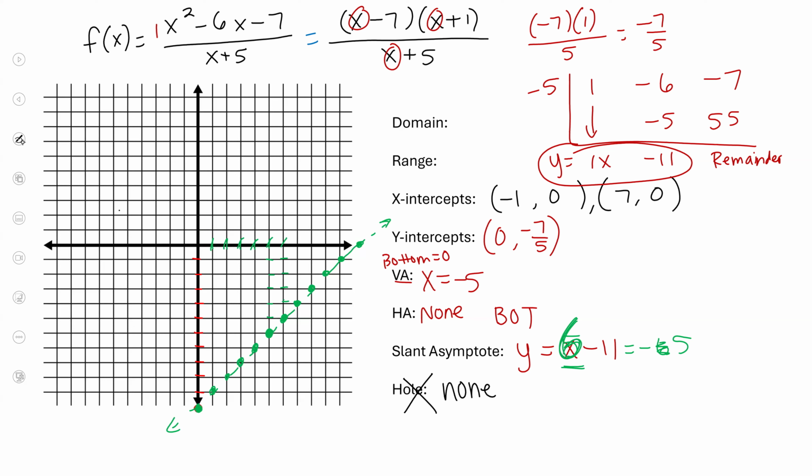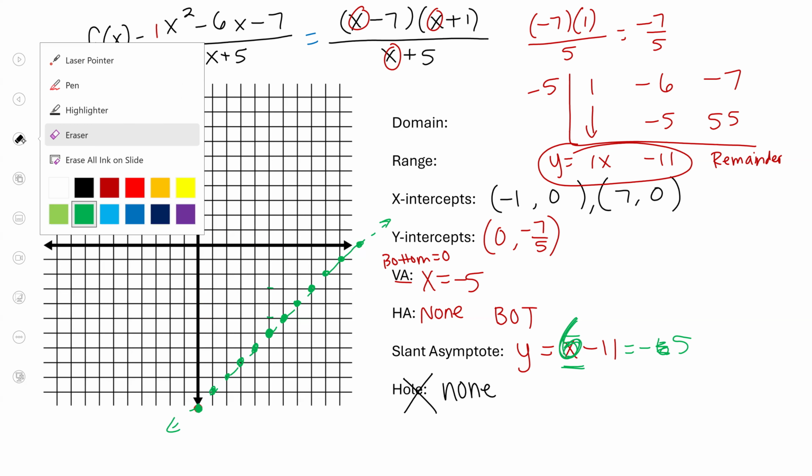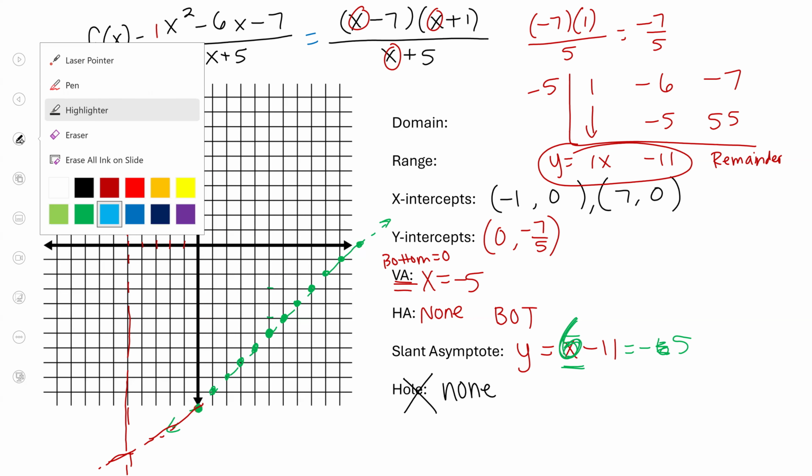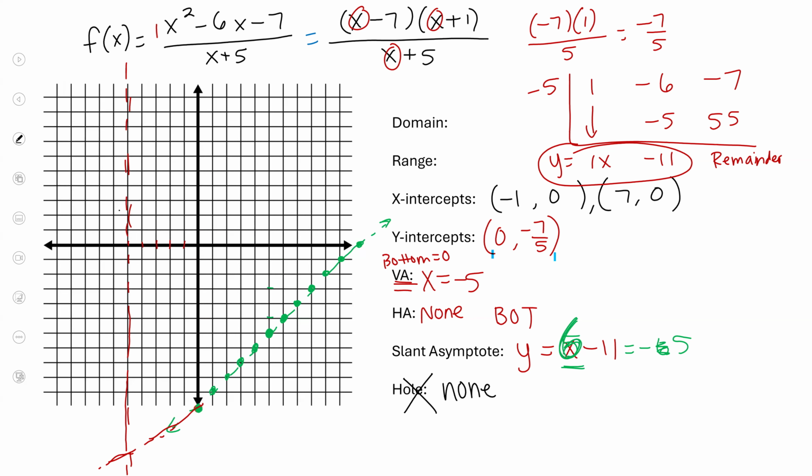Let me graph other things. Erase all these dashes. Okay, next. My vertical asymptote is at negative 5. 1, 2, 3, 4, 5. Right here at negative 5 is my vertical asymptote. These will eventually intersect. Okay, and then I have a point at (0, -7/5).